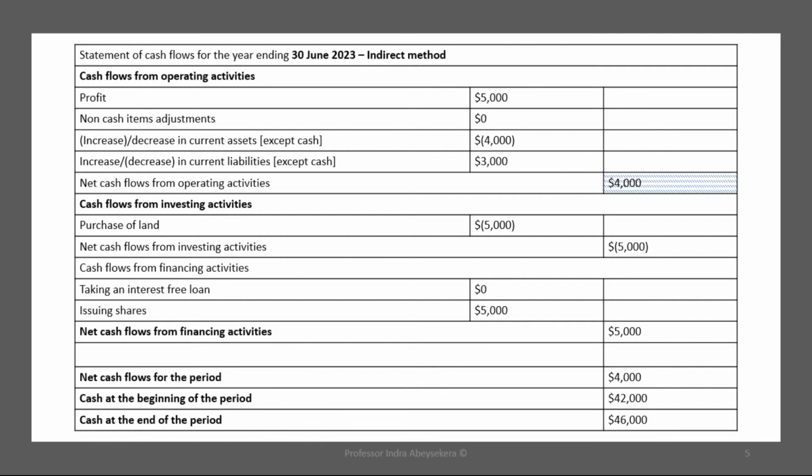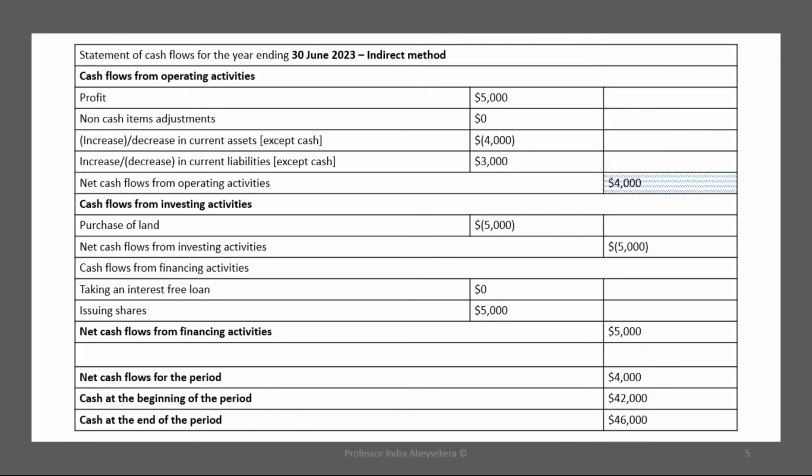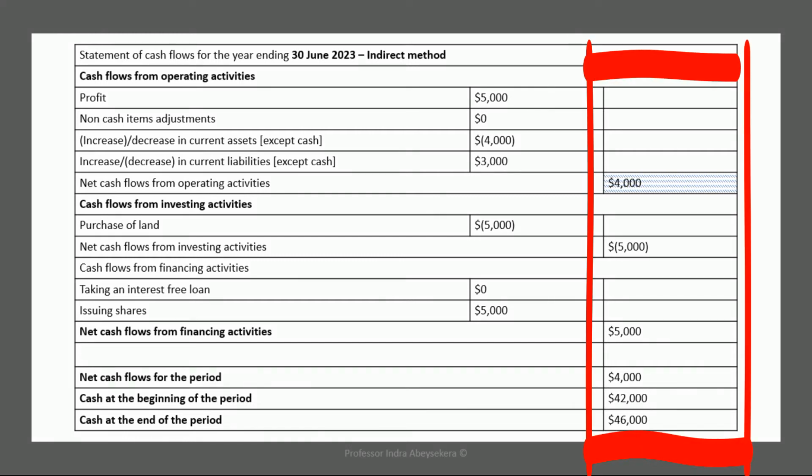The net cash flows from operating activities under the indirect method should equal the direct method of 4,000. Cash flows from investing activities and cash flows from financing activities are identical, and for the net cash flows for the period we add the cash flows from operating activities, investing activities, and financing activities.